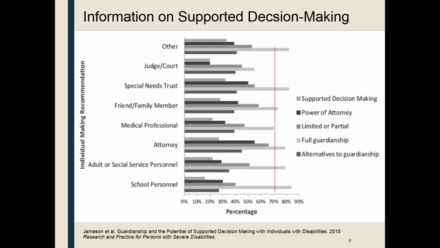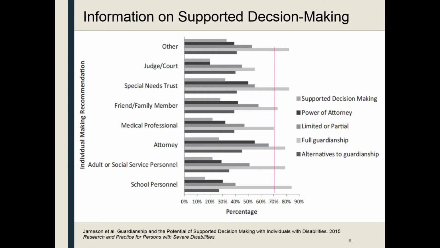If you think about the people and places that families are going to be having conversations like this, we see, for example, that almost 85% of school personnel are recommending guardianship before a discussion of any other type of decision-making support. Social services and medical professionals, which are other places where families are going to be having this conversation, often talk about guardianship before they talk about any other type of decision-making support.